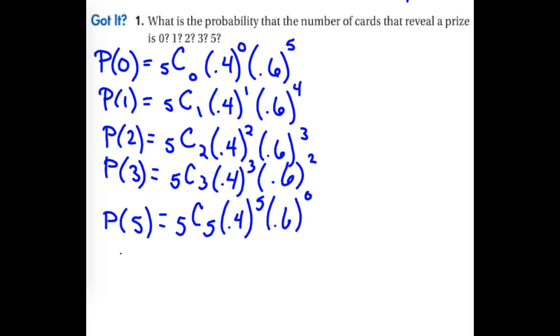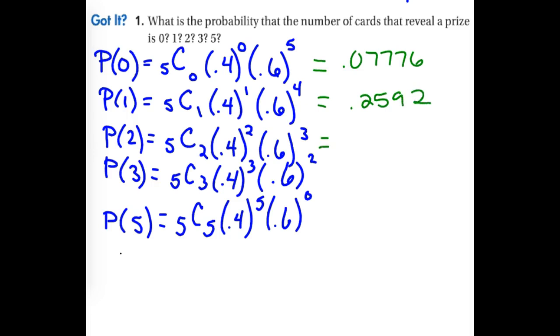I want you to give me a decimal for each of these. All right, let's look at what is the probability of no successes? What decimal did you come up with? 0.07776. Okay, somebody else. 1 success. I got 25.9%. So 0.2592. Okay.